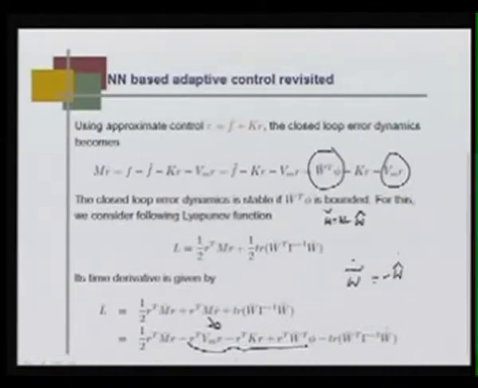But because of the skew symmetric property, these two quantities are 0, and so finally L dot is minus r transpose kr and these two terms.